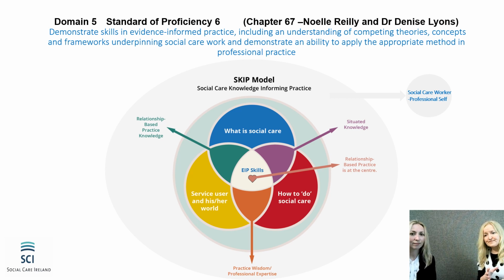One of the things that we wanted to say was very central to our model is that it is a model of evidence-informed practice. It is the knowledge of social care, so it's our SCIP model, but it is a recognition that the relationship and a relational approach to social care has to be understood as the center of all that we do.